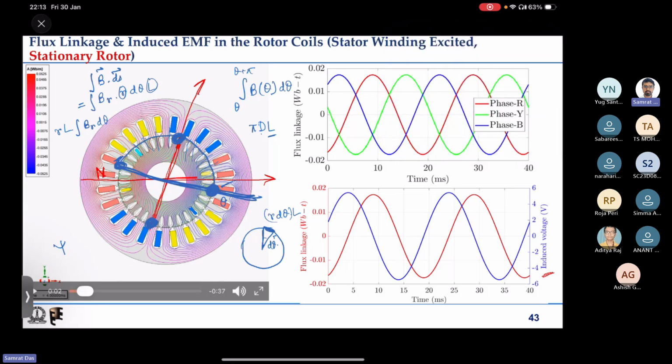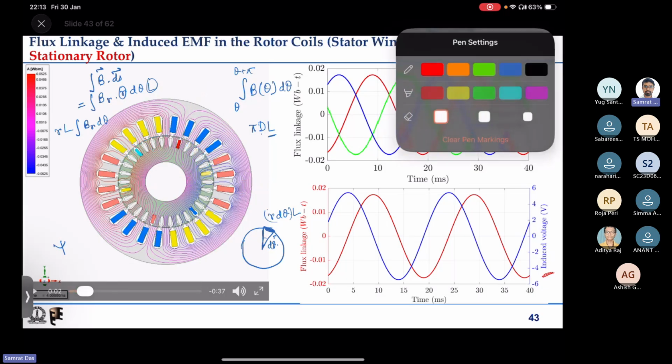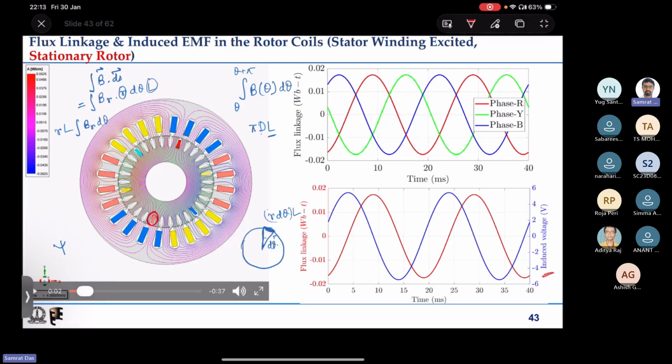I'll remove these things. So if our turn is here and here, then we have to take integration from this point to this point in order to calculate the flux that is linking this turn.